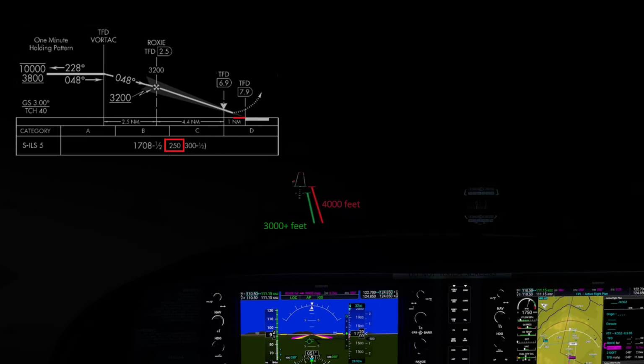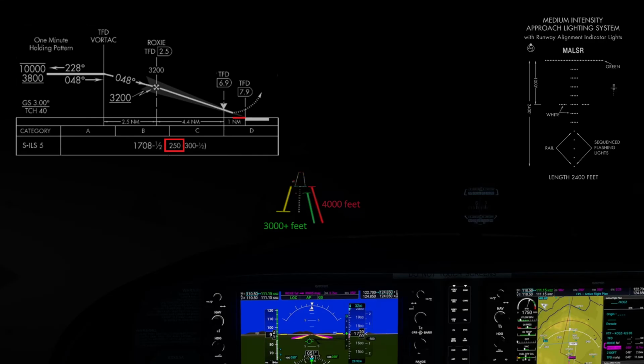From this position, seeing the crossbar on the MALSR tells us we have more than 3,000 feet of visibility. We also have nearly the entire medium intensity approach light system in sight. And in the digital terminal procedures supplement, we can see that the length of the MALSR is indicated as 2,400 feet.